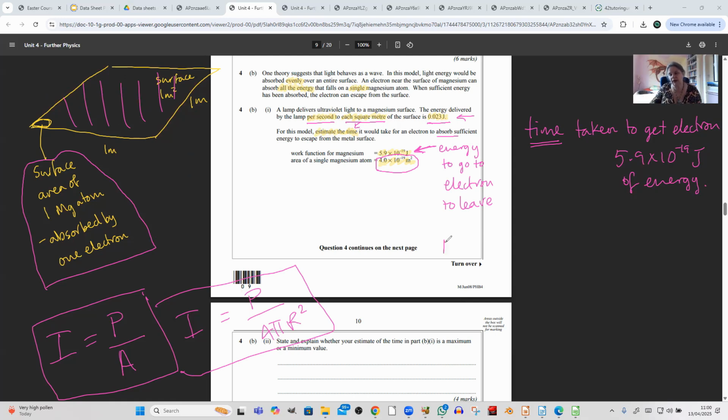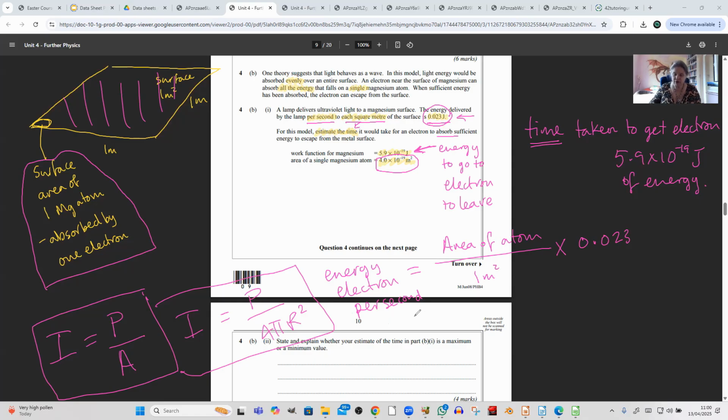Okay, so we've got the area of the atom, that's the energy that's absorbed by one electron, divided by the 1 meter square area, and that fraction is the fraction of this much energy that we're going to get, 0.023. That is the energy given to an electron, and this is per second. Okay, that's what's happening, energy given to an electron per second.